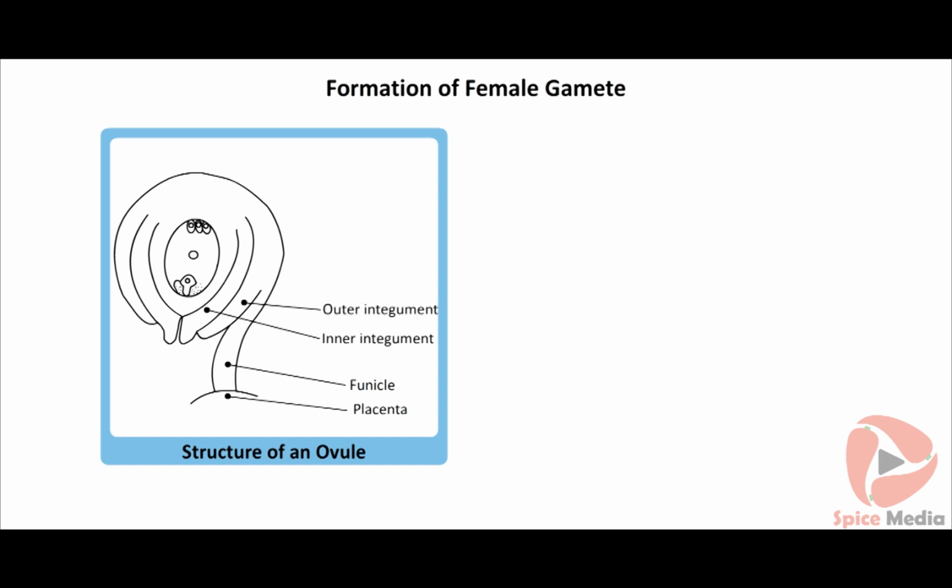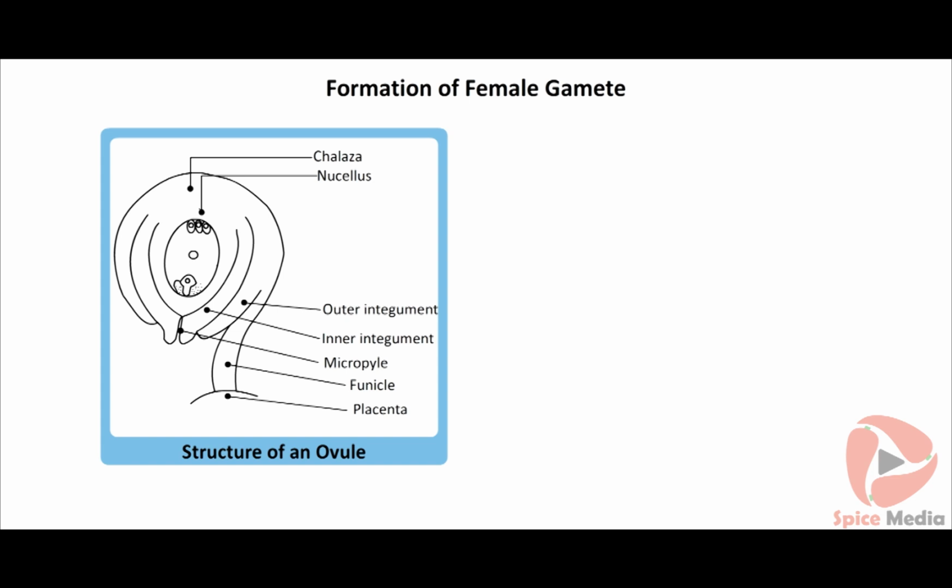These integuments enclose the tissue called nucellus and are separated at a place where they form a small pore called micropyle. The basal part of the ovule is known as chalaza.